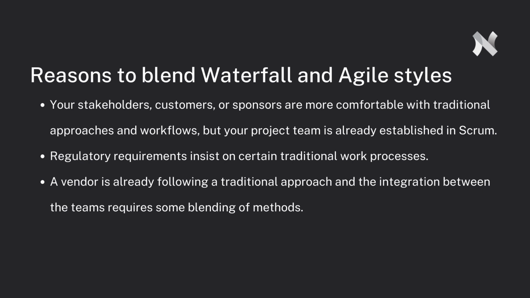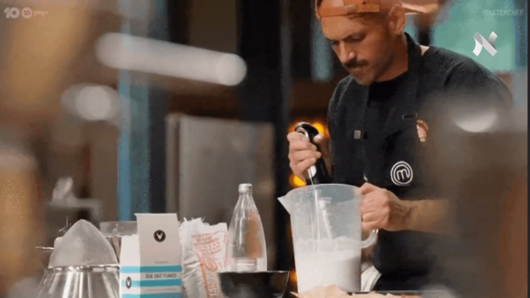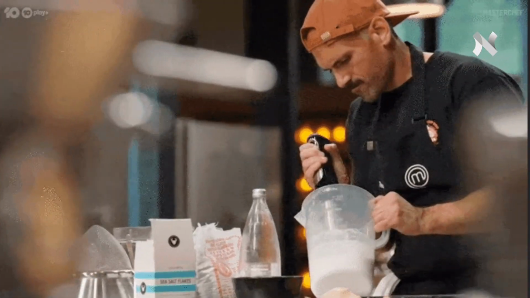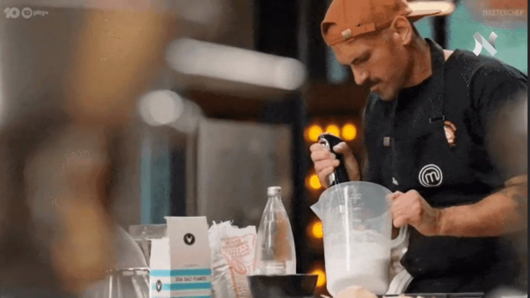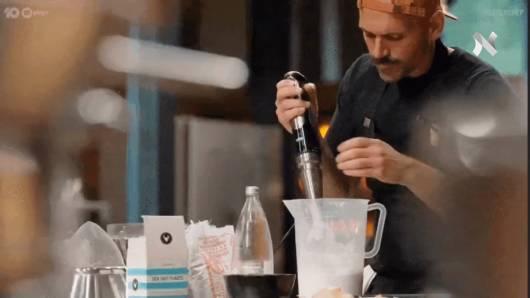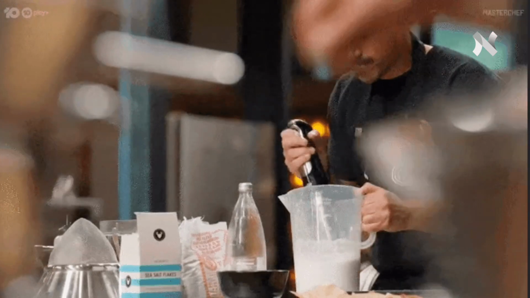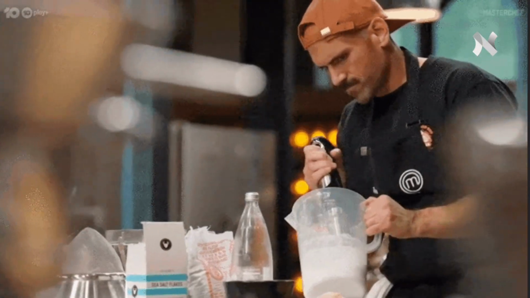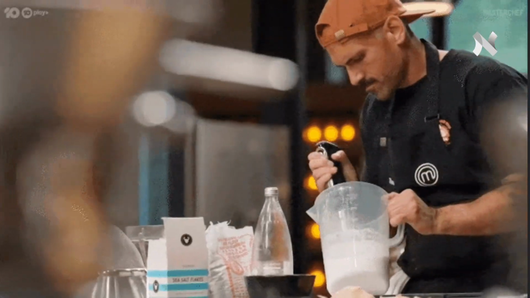Or it could be that one of the vendors involved in a large project is already following a traditional approach and the integration between the teams requires some blending of methods. In these cases, a project manager might choose to blend aspects of waterfall and agile so that different parts of the project can be worked on in ways that meet project requirements but don't negatively impact other parts of the project or the project as a whole.